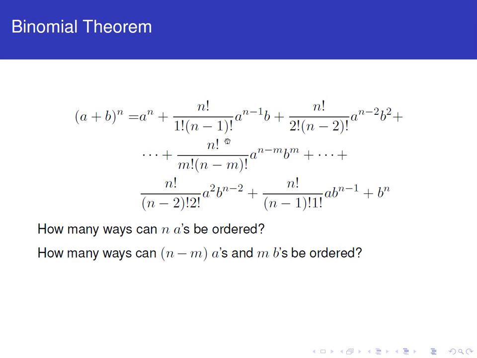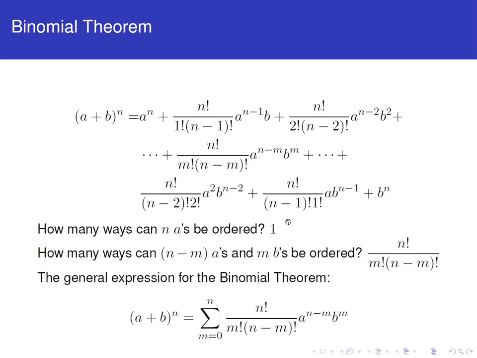Now, how many A's do I have that are indistinguishable, and how many B's do I have that are indistinguishable? And this turns out to be this factor here. This is exactly the same thing that we derived when we had the frogs and hearts and yellow widgets. The total number of A's and B's is n. I have m B's and n minus m A's. And so I can calculate this coefficient.